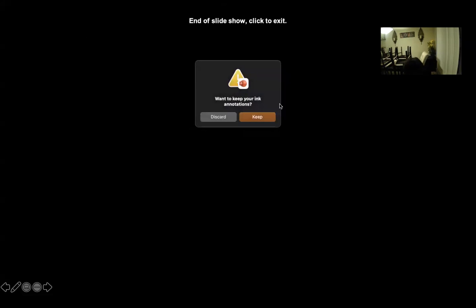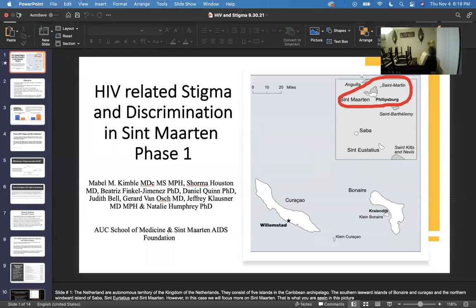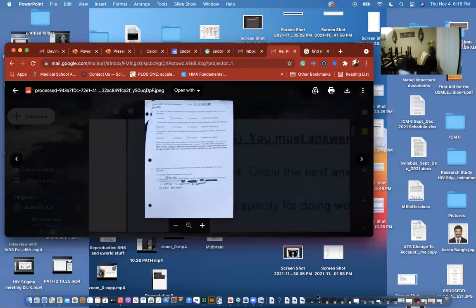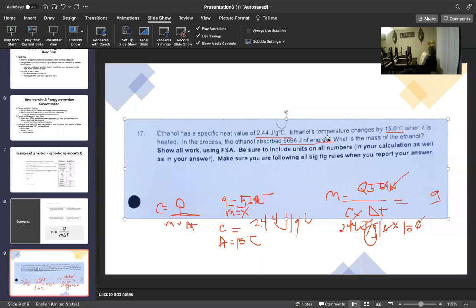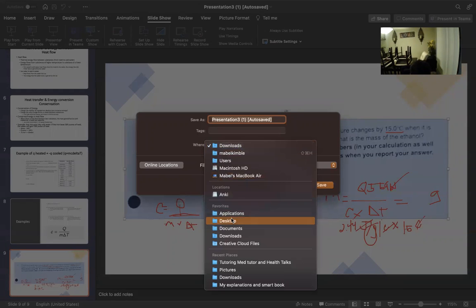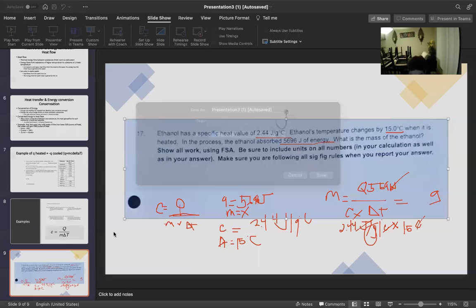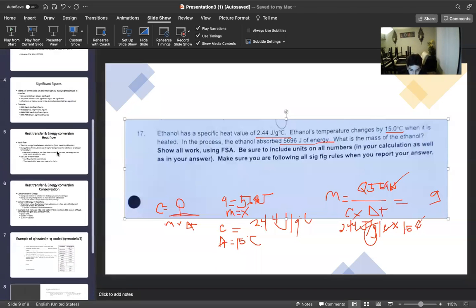Would the answer be 163? Yeah, so the answer would be 163 grams, right? Yeah, can't forget that. Okay, does that make sense? Yeah, that makes sense. So just make sure you're following your equations, right?